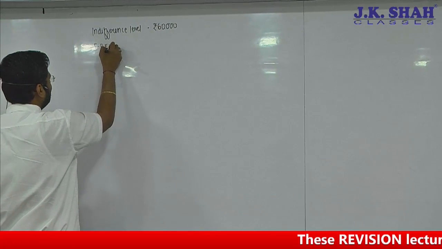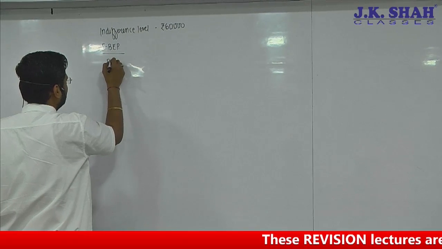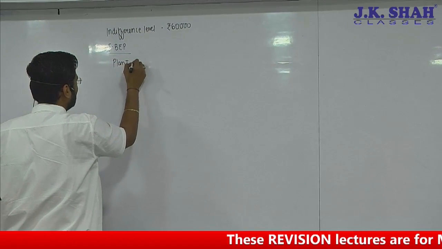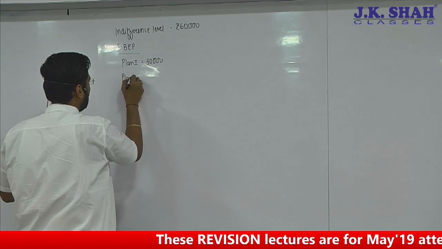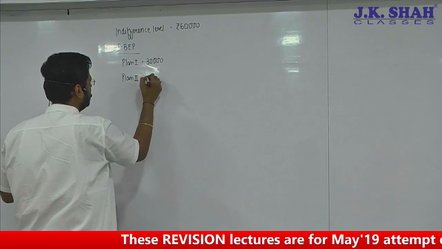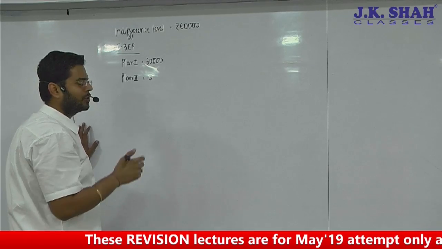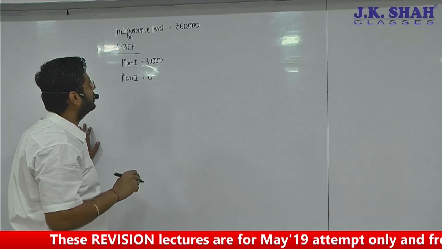Financial break-even point, when I calculated for plan 1, that was rupees 30,000, and for plan 2, I think that came to be 0. So what is the significance of this?